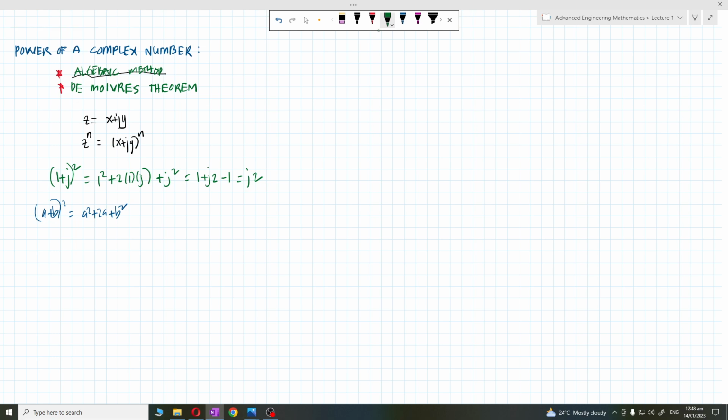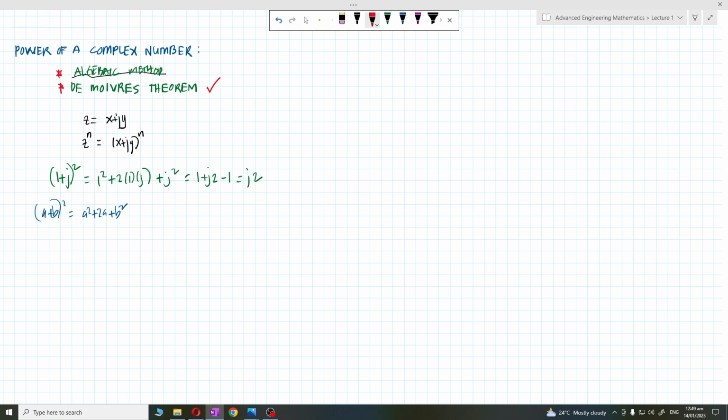Again, by using the algebraic method, we will use the common algebraic concepts like factoring, binomial theorem, and many more. Now we go to the second method, which is the Moivre's theorem.